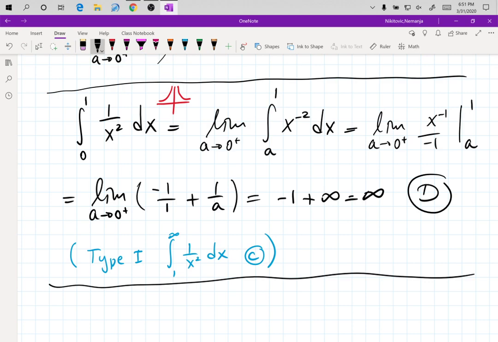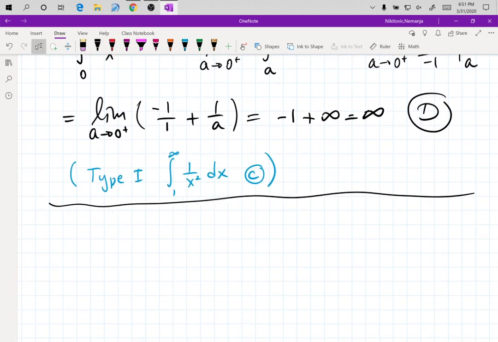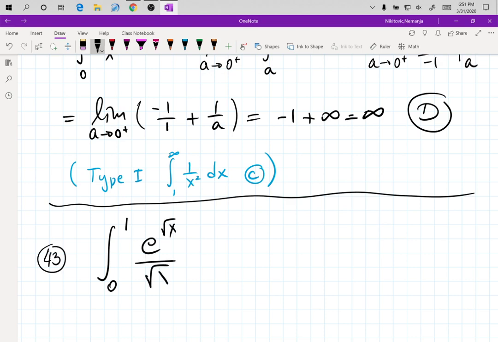Here's a nice one, 43. It says integral 0 to 1 e to the root x over root x dx. That's it.